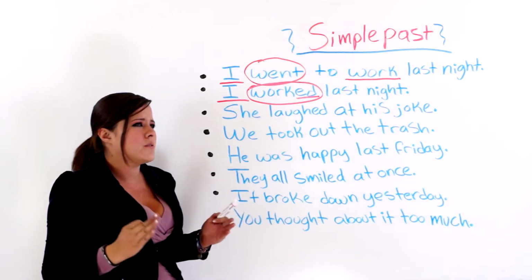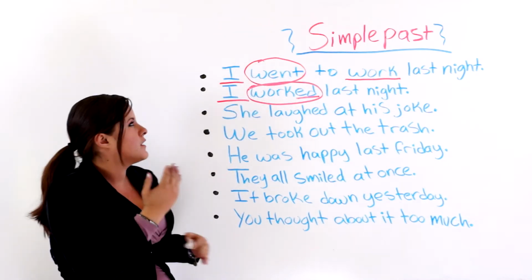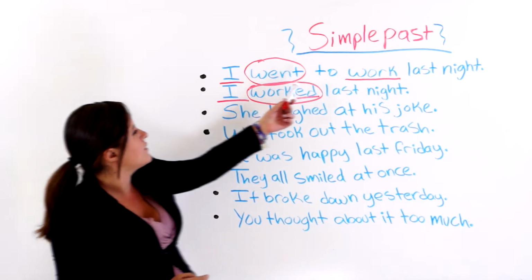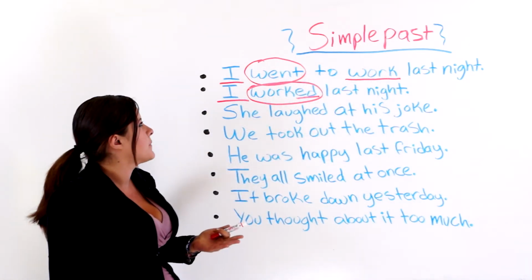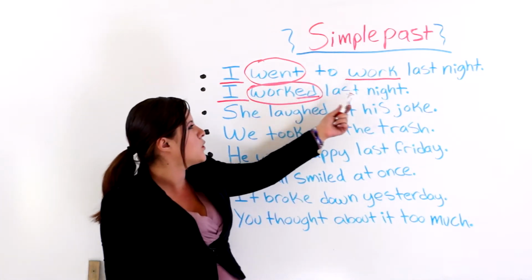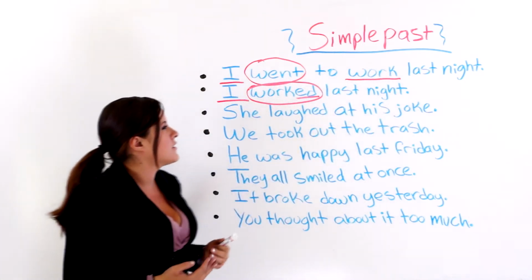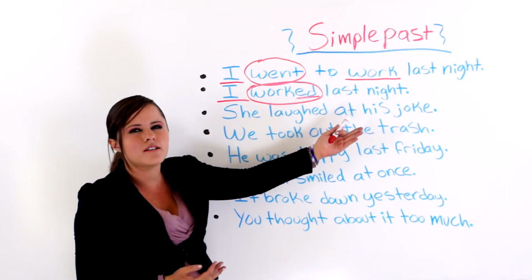I just want to show you that the first verb is the one you're going to put in simple past, okay? I went to work last night. You're not going to say, I went to worked, okay? Or you can say, I went to do exercise last night.